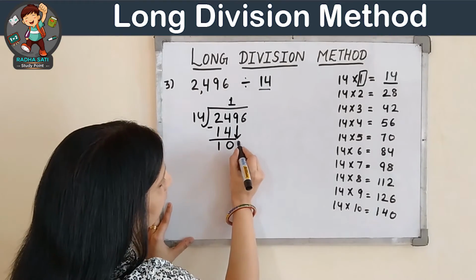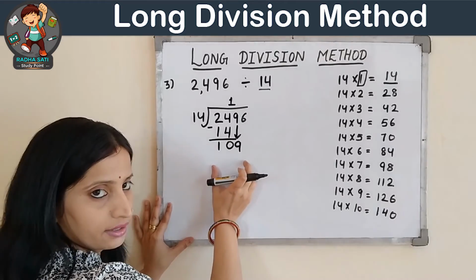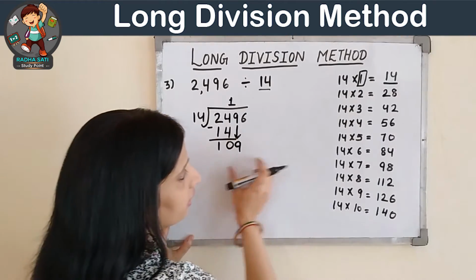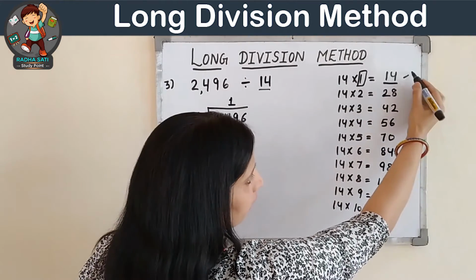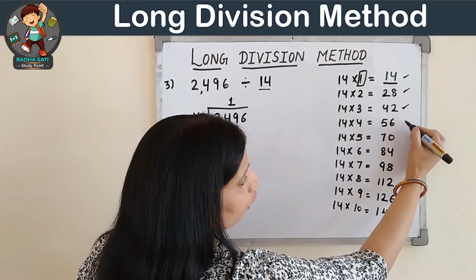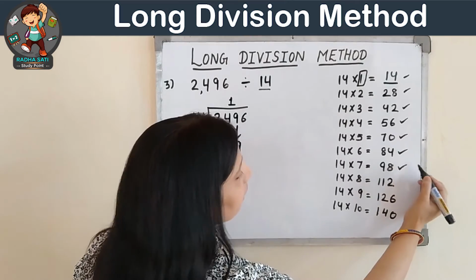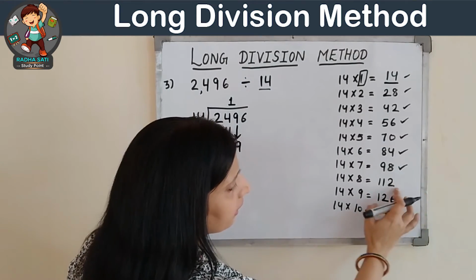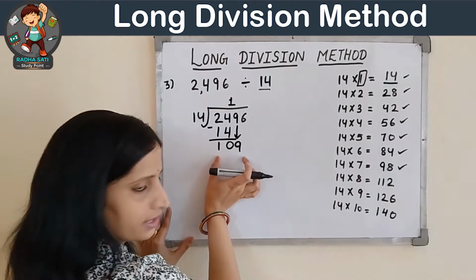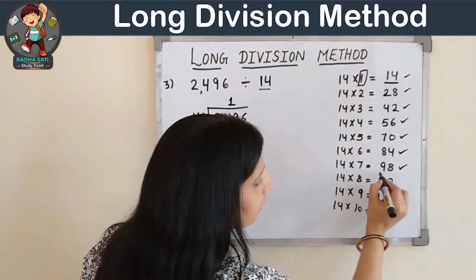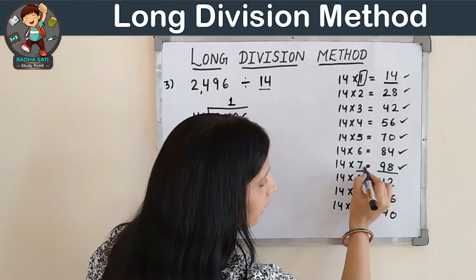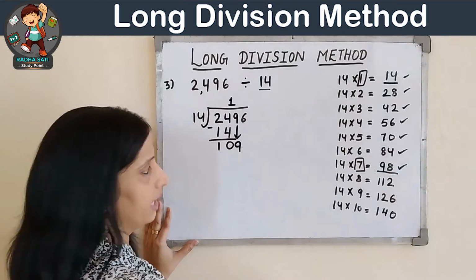Now it has become 109. So now we will check in the table of 14. 14, 28, 42, 56, 70, 84, 98 and then 112. So it is greater than this. So we will take this 98 and it is coming in 7 times.